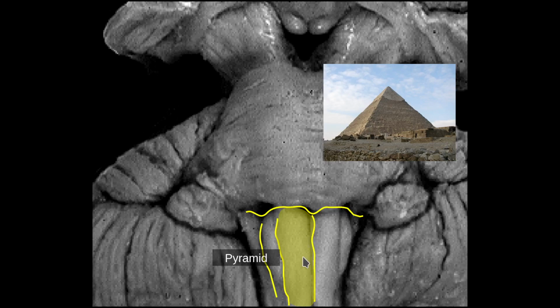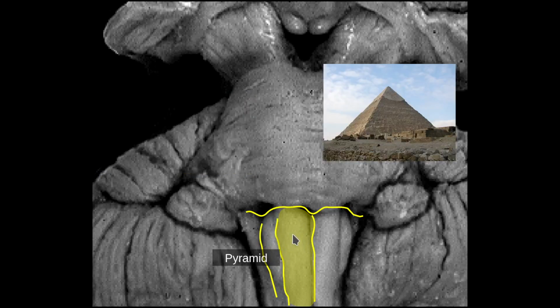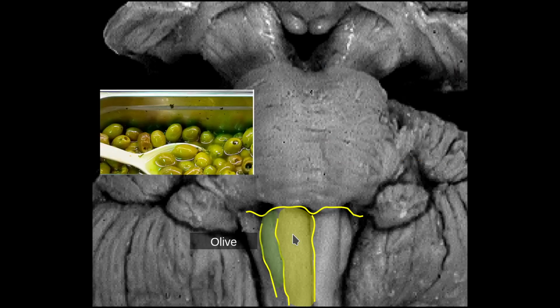Not because it is pyramid shaped, but because of a fiber tract that passes through here, the pyramidal tract. And the olive does not look like an olive, but they named it an olive, lateral to that pyramid. So pyramid and olive are the two mounds of flesh there at the base of the medulla.